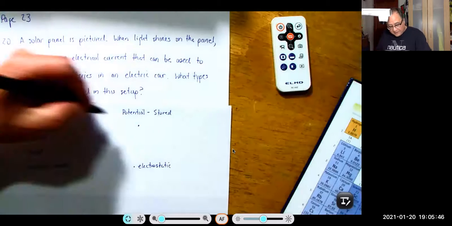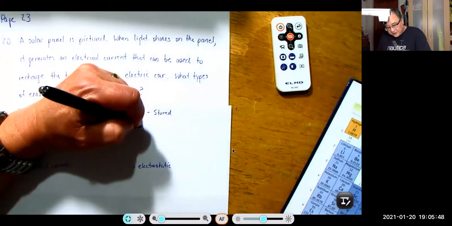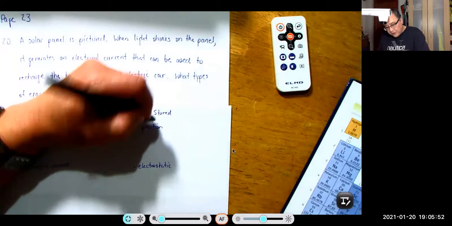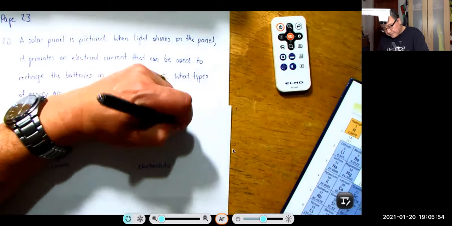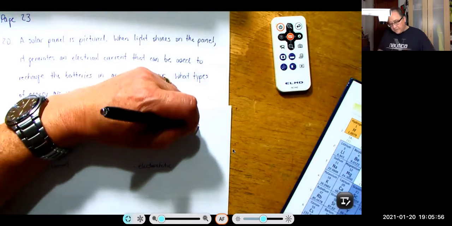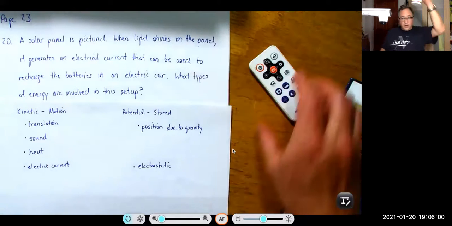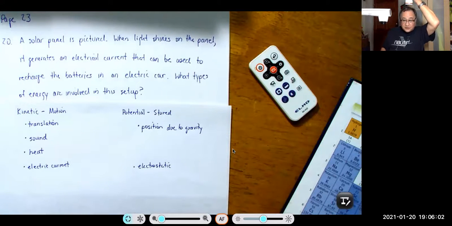We also have position due to gravity. So if I were to hold my cup above my head, there's a certain amount of potential energy in my mug.